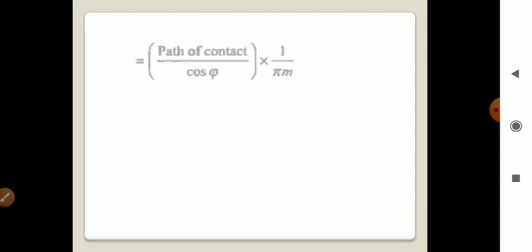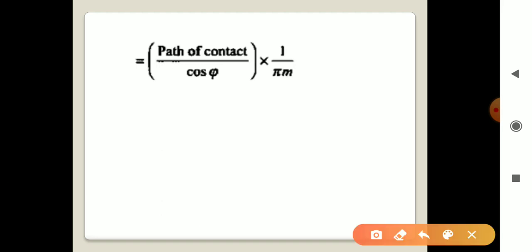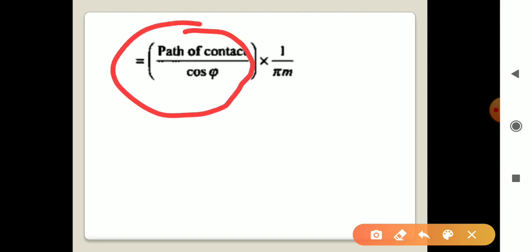Arc of contact is nothing but path of contact divided by cos of phi. We know that circular pitch is Pc, and Pc is nothing but pi into m. So this path of contact divided by cos of phi is the arc of contact, divided by this circular pitch.